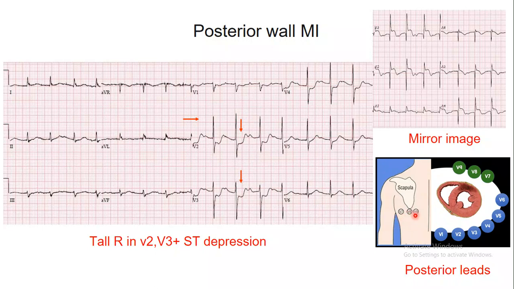We call them V7, 8 and 9, with V8 at the tip of the scapula, V7 just before it and V9 just after it. If we record the ECG from this zone, we will find this mirror image. So this is an important ECG to be remembered in the ER.